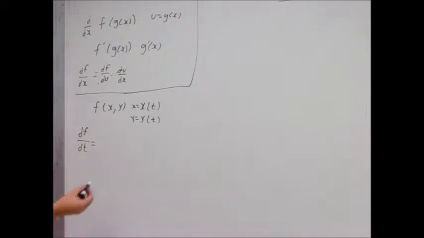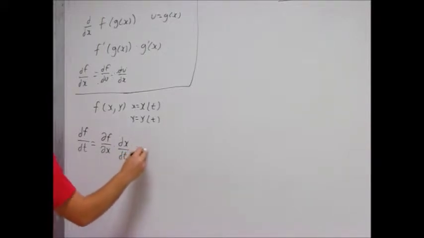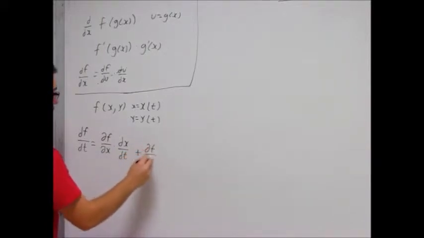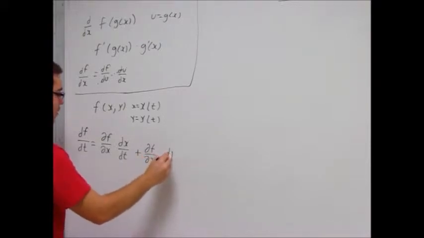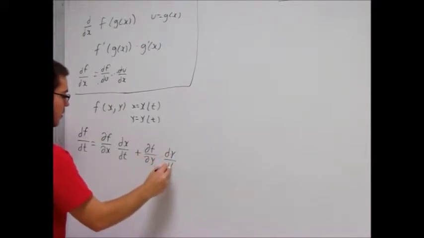The chain rule states that it is the partial derivative of f with respect to x times the derivative of x with respect to t, plus the partial derivative of f with respect to y times the derivative of y with respect to t.